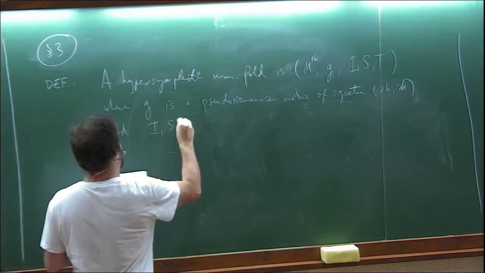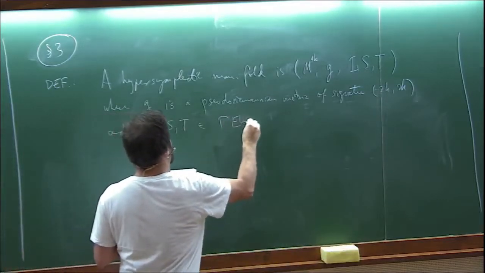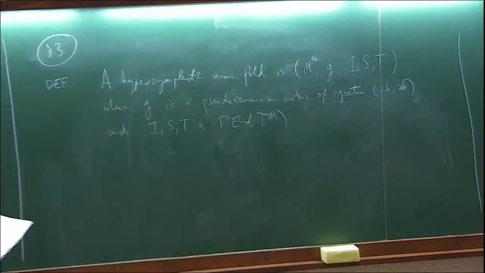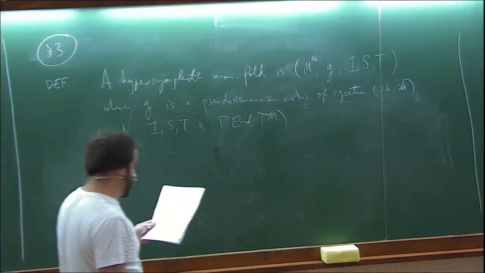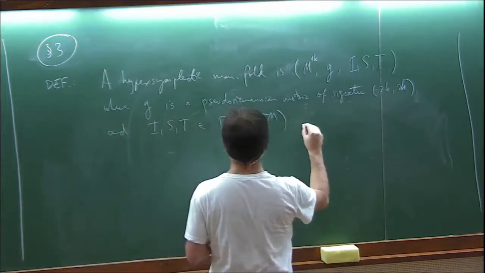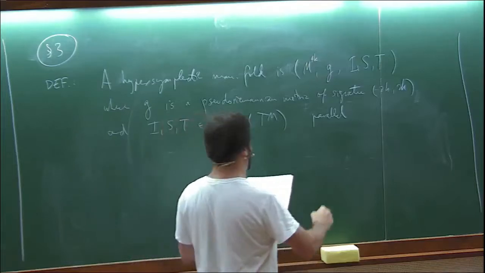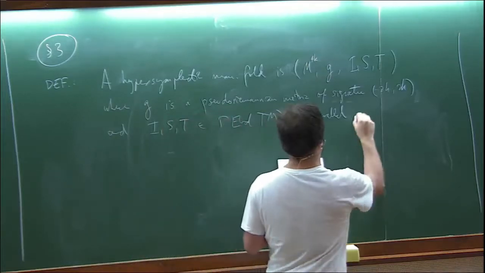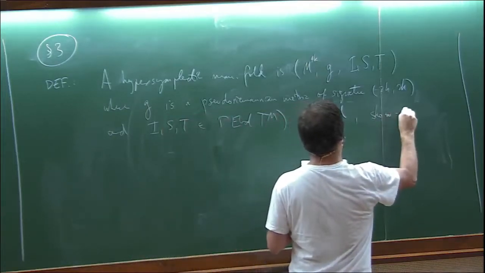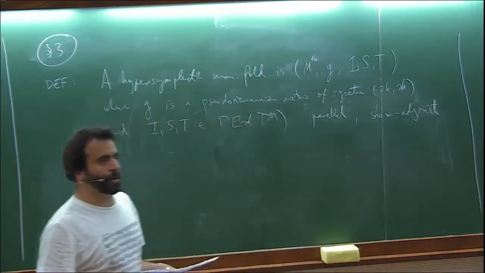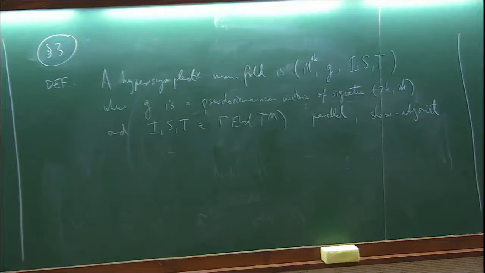I, S, T are endomorphisms of the tangent bundle such that they are parallel and skew-adjoint. They satisfy the algebra of, now not the quaternions, but the split quaternions.